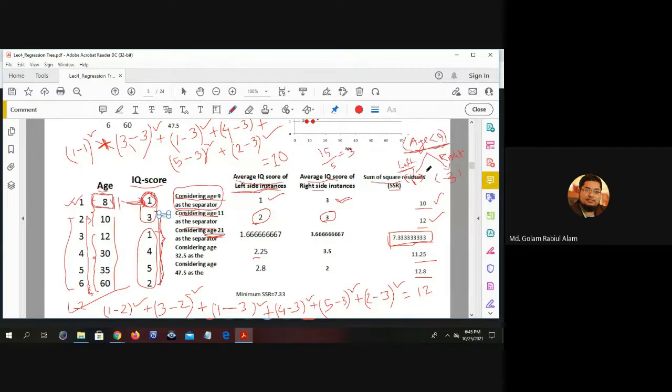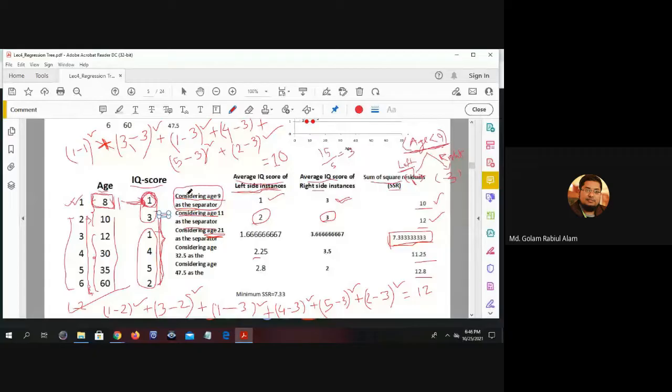So that's the sum of squared errors, or sum of squared residuals. Here a is less than 9, this is our criterion for the split. If we split on this, what will be the error? Our target is to minimize the error, to find the splitter which will induce the least error. That should be the target, so that's why we need to measure the error.